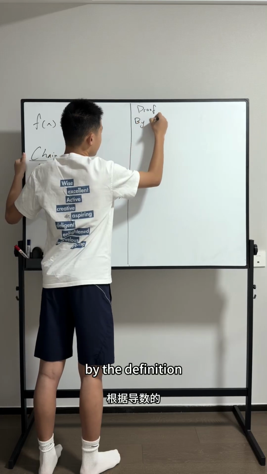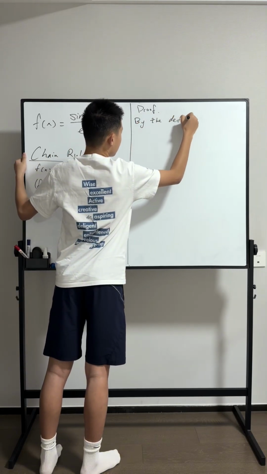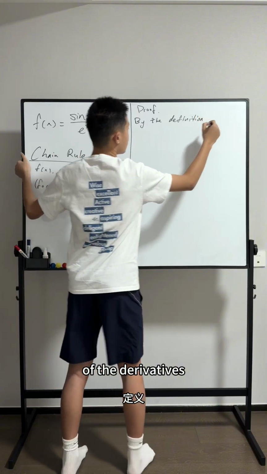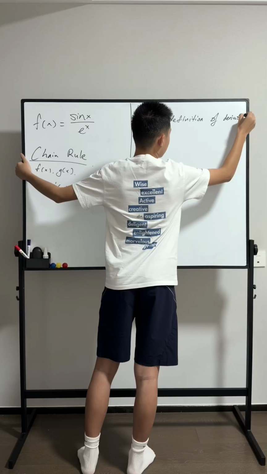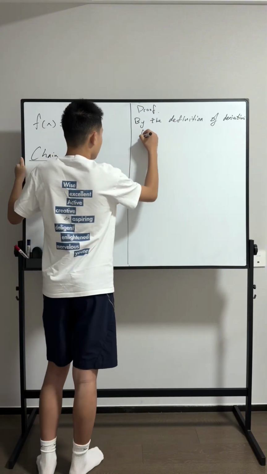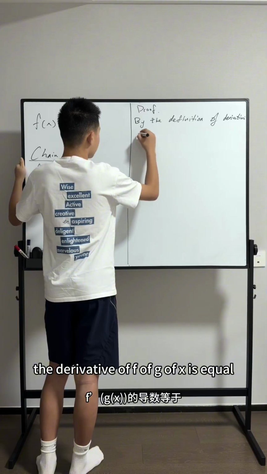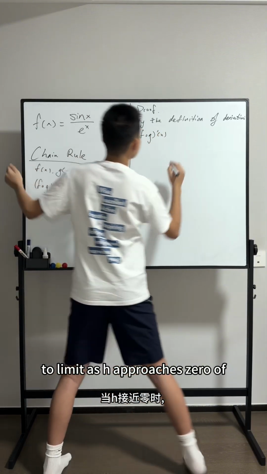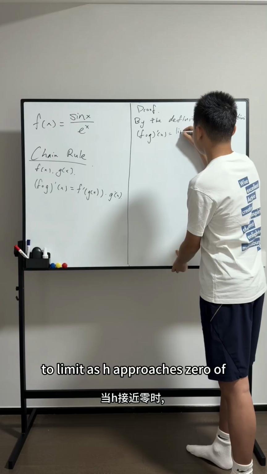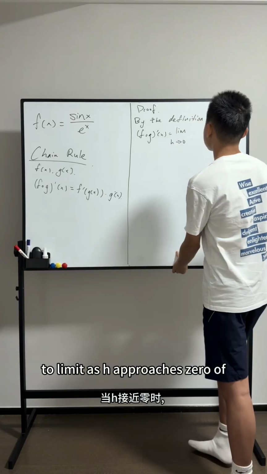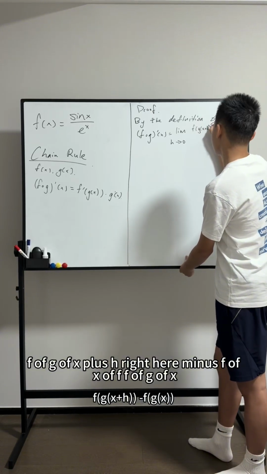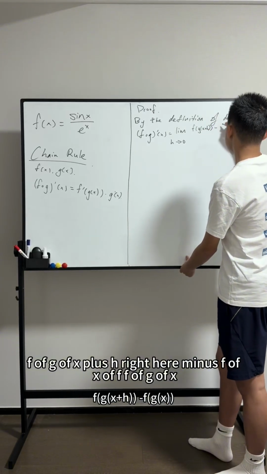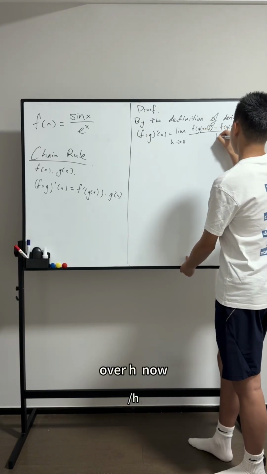So by the definition of derivatives, the derivative of f of g of x is equal to the limit as h approaches 0 of f of g of x plus h, bracket here, minus f of g of x, over h.